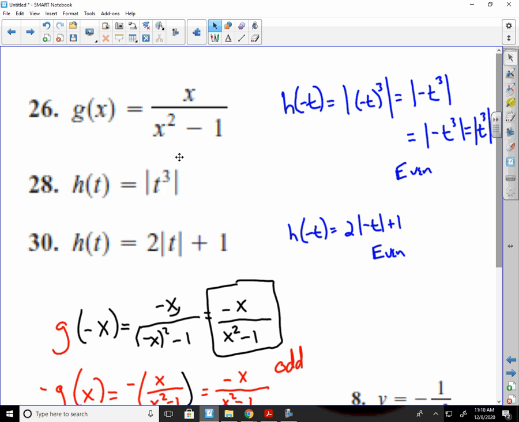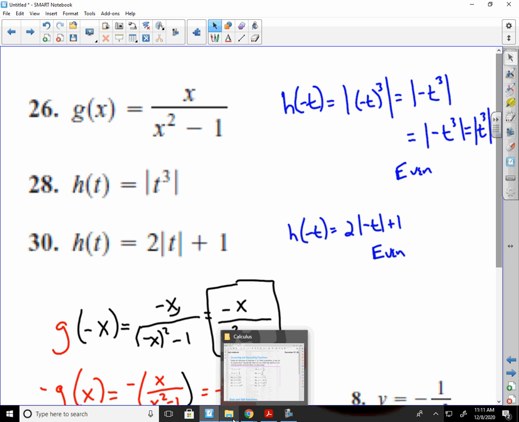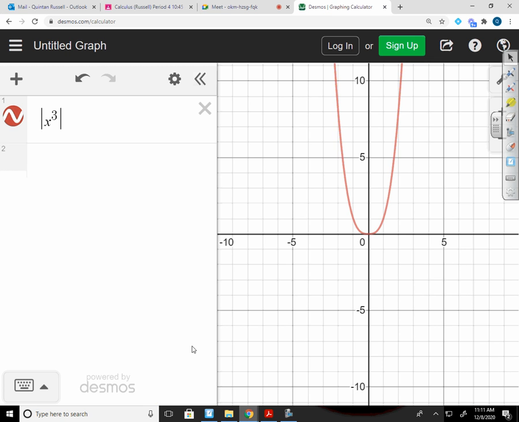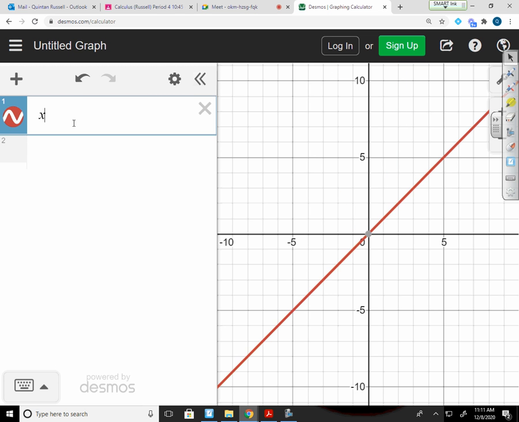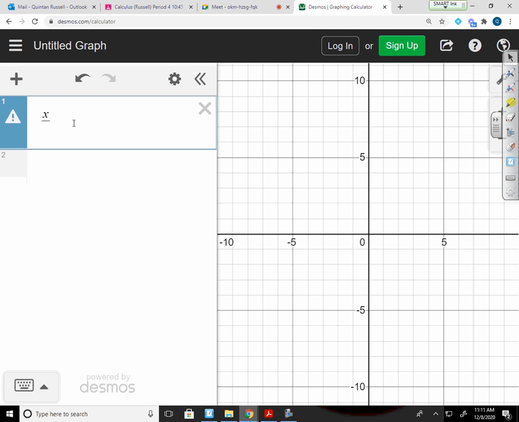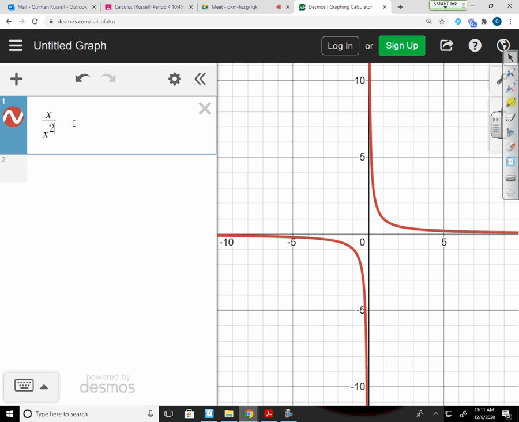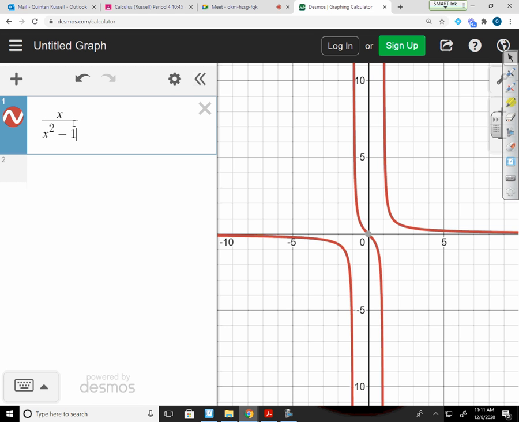If we look at one of our ones that was odd, I think this one was odd, correct? 26. If we look at that one, that was x over x squared minus 1.